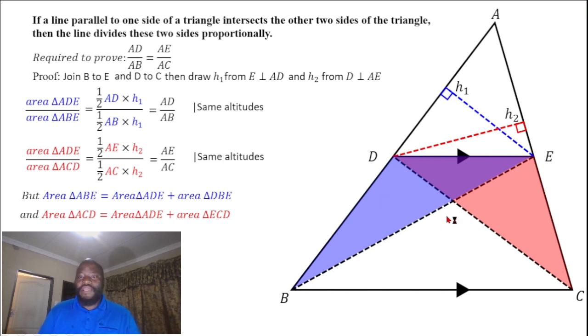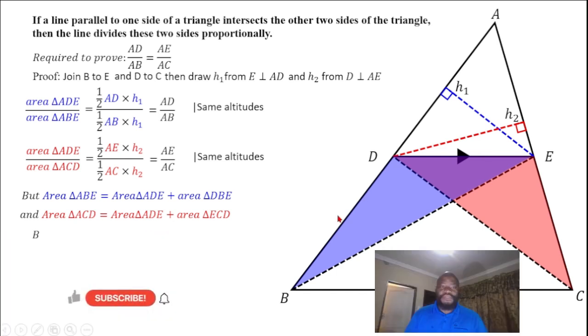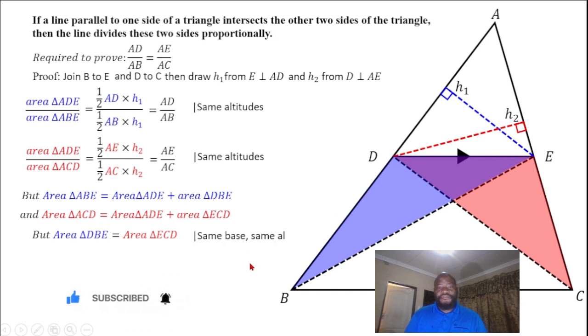So they will have exactly the same area, half DE times the same height, which means they are equal. They have the same base and the same height. So if we choose BE as the base, it will be the same base for both triangles, and they will have the same height since they're in parallel lines.